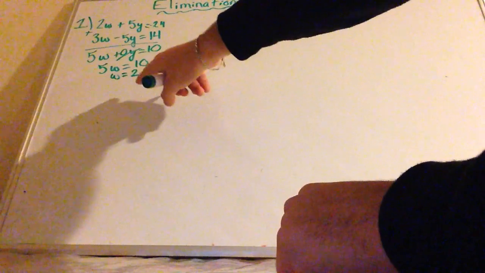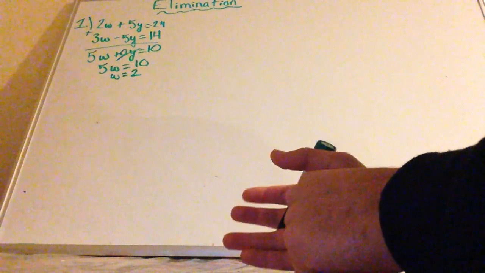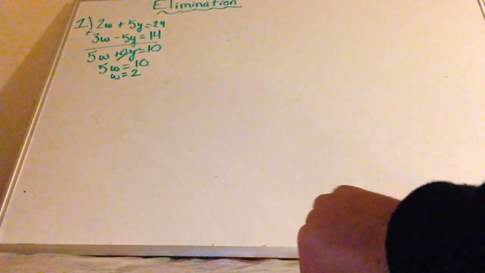As you can see, we add them up, so we get 5w and 0y equals 10. So from there, we do 5w equals 10, and then w equals 2. Now, in order to get the solution, we must substitute w in one of these two equations. So if we substitute it for the first one, 2w plus 5y is negative 24, we get 2 times 2 plus 5y equals negative 24.